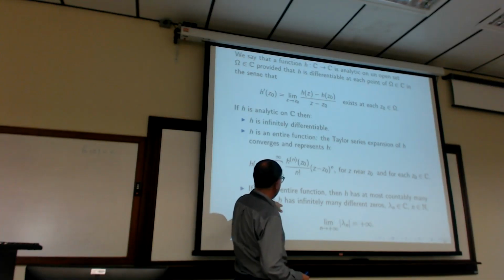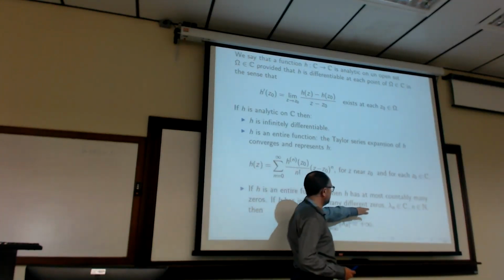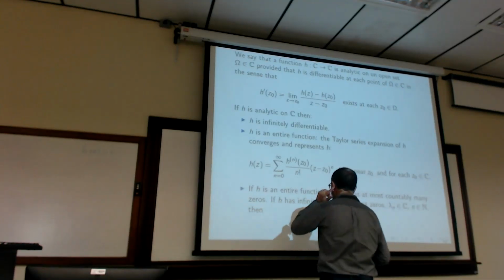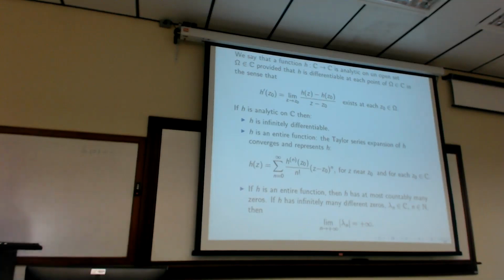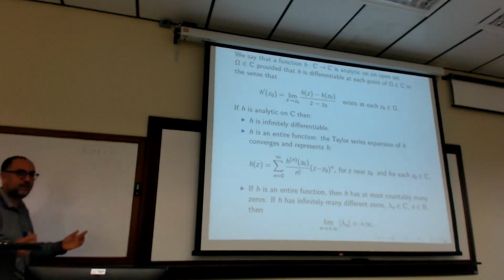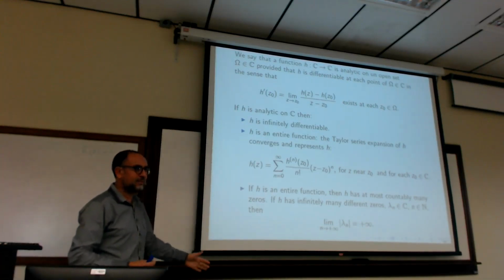And if an entire function has infinitely many different zeros, all the time it has this property. This is very important because it is general for all analytic functions. We have this result.